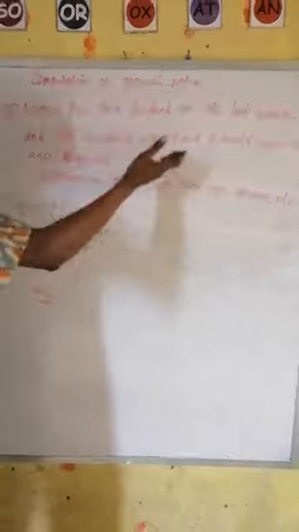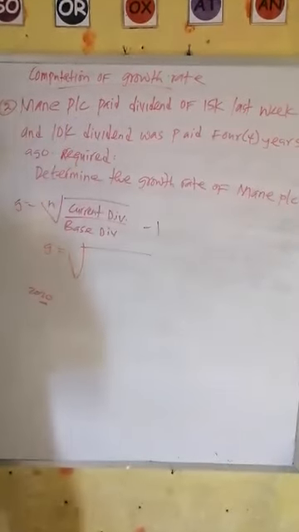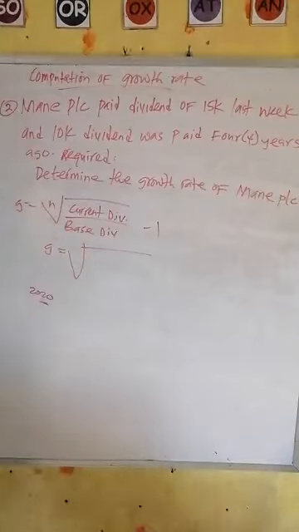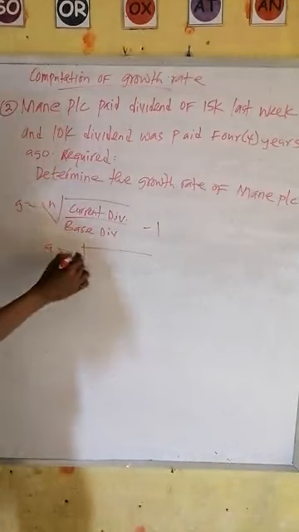So therefore, when you are given direct like this, just pick your 4 and use it direct. So by that, we have 4 here.